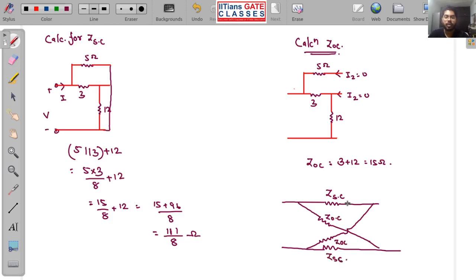Fine. The value of ZSC we have seen, and ZOC we can put. What about characteristic impedance or image impedance? It is equal to the square root of ZOC into ZSC. So what is the value? This is equal to the square root of 111 by 8 into 15.